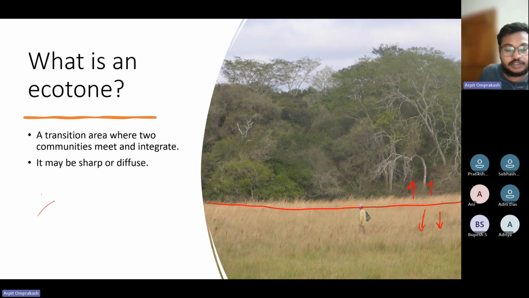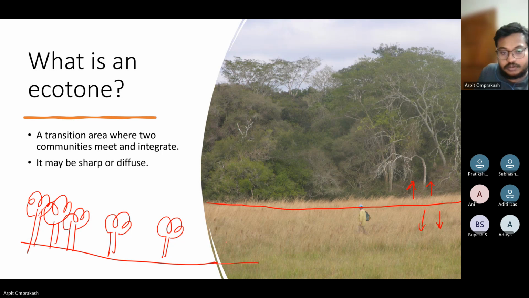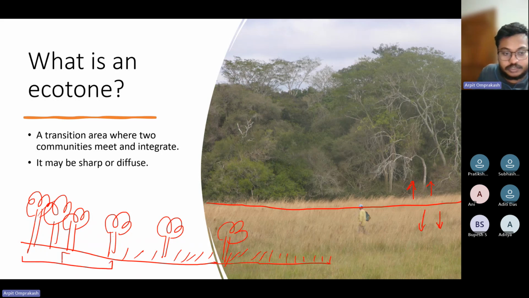But we might have cases where, for example, let's say we have an area where there's forest, and then slowly the number of trees decrease. And on the other side, we have grassland. So from here to here, we can definitely say it's a forest.